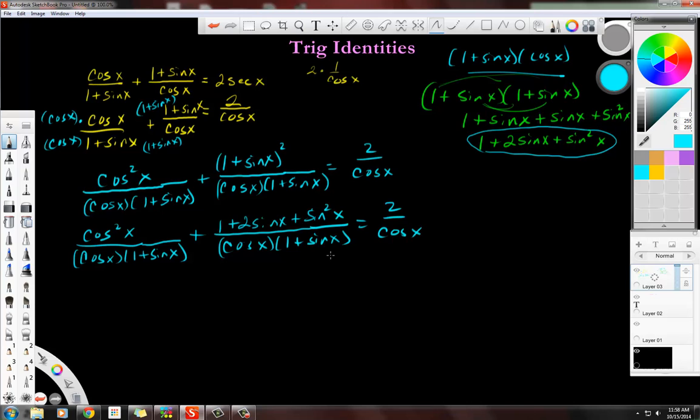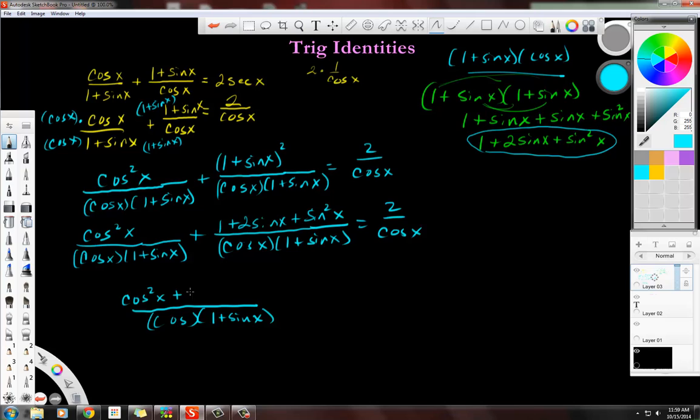Now I can combine the tops. So now my bottom is going to be cosine x times 1 plus sine x, like that. And then the top is all going to get smashed together. So check this out. I'm going to strategically write these four terms. When I say four terms, I mean this is the trick to this. This one, this one, this one, and this one. I'm going to put those four things together, and that's going to be cosine squared x.